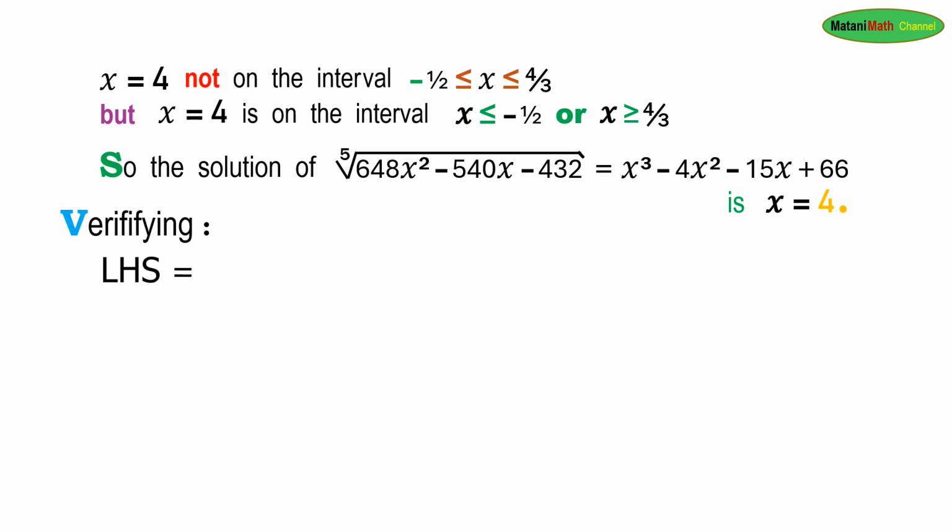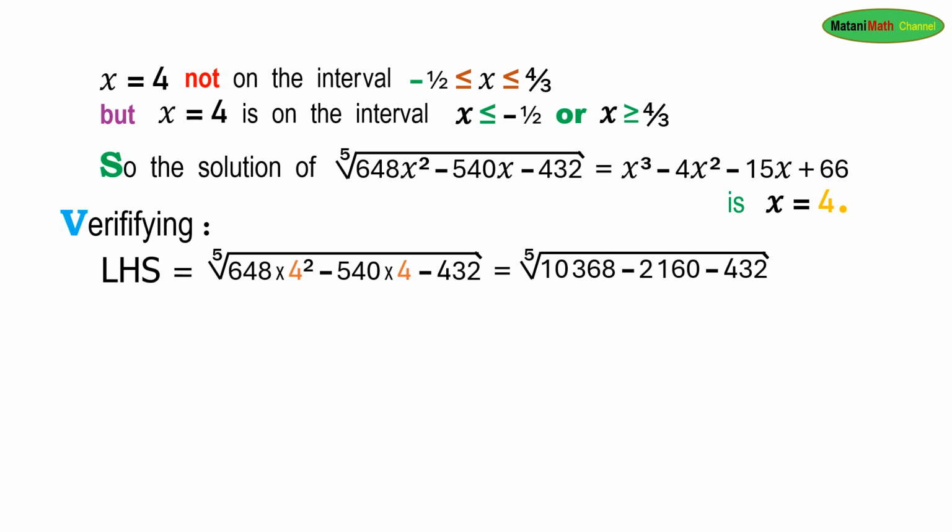Verifying. The left hand side is the fifth root of 648 times 4 squared minus 540 times 4 minus 432, equal to the fifth root of 10,368 minus 2,160 minus 432.